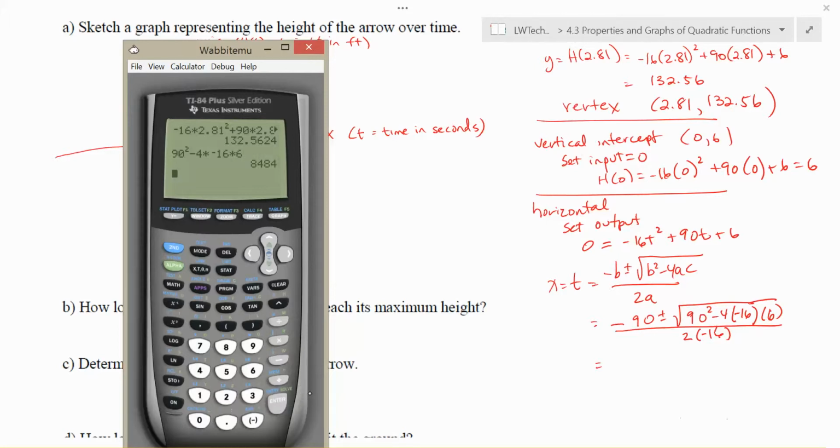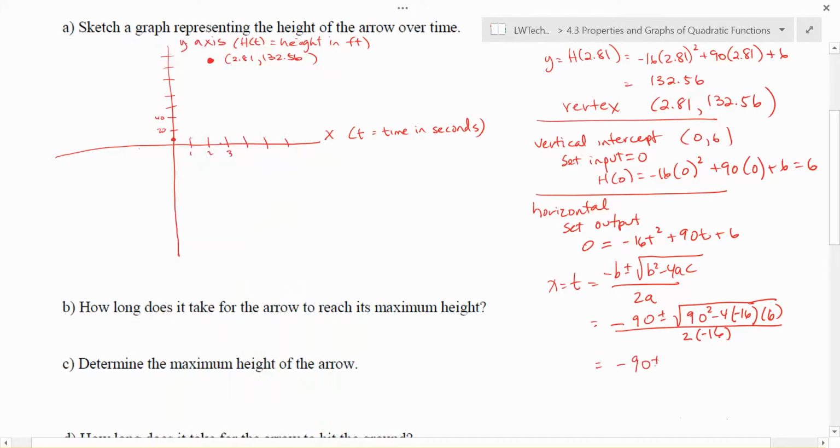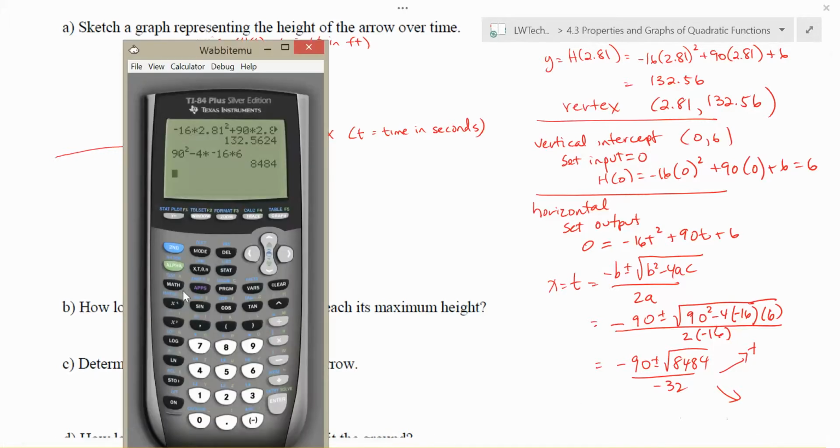That's 8,484. So we're going to have negative 90 plus or minus the square root of 8,484 divided by negative 32. And then if we pull our calculator up, we can come up with our two solutions. If we use the plus in our symbol, we do negative 90 plus the square root of 8,484. And then we want to divide that answer by negative 32.